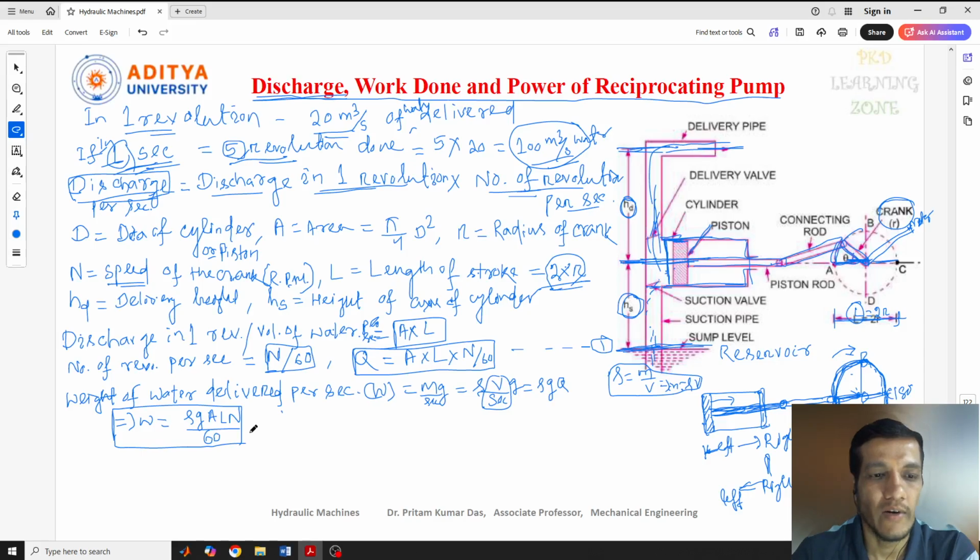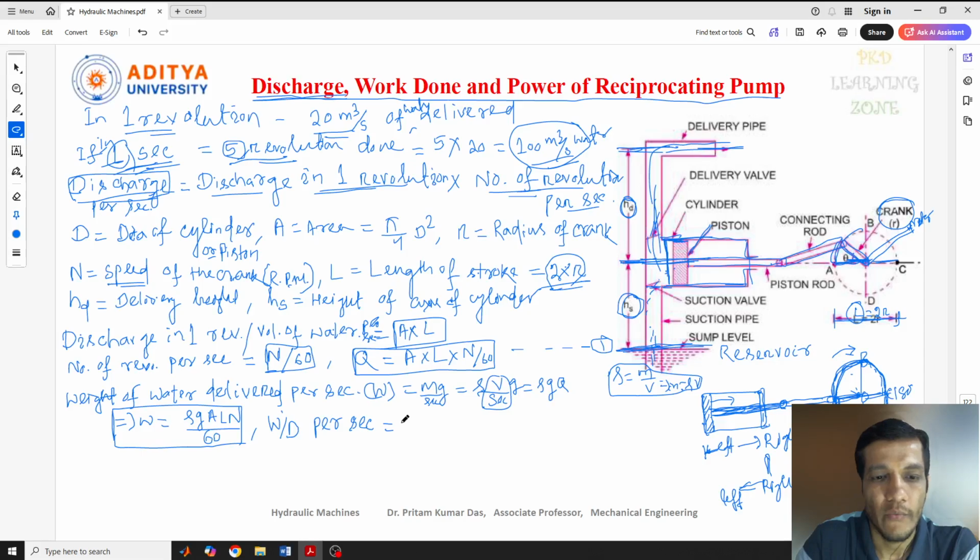Why have I calculated this weight of water? Because this will be helpful to calculate the work done. So work done per second, we'll write next. Work done per second, what can we write? We know that work is force into distance, but here we can write the weight of water lifted, which is nothing but the force acted.